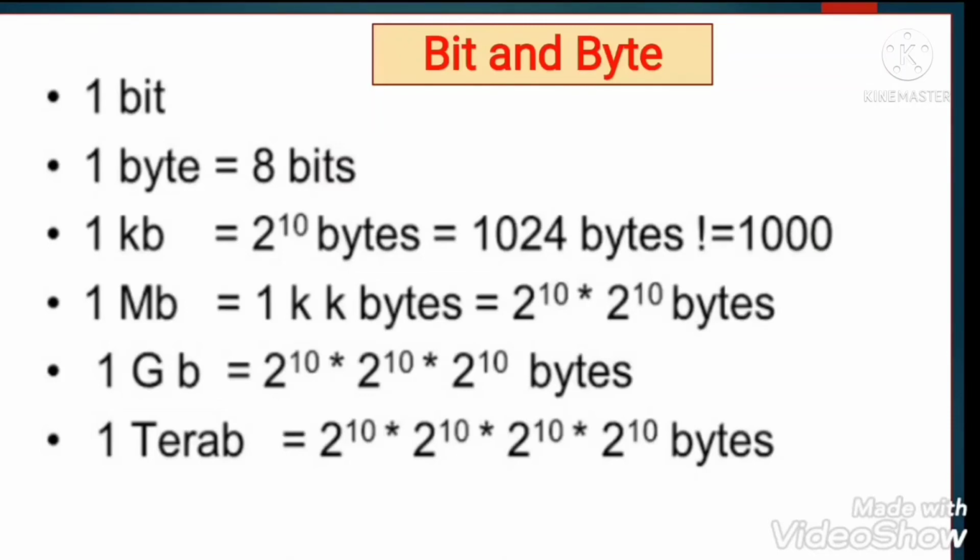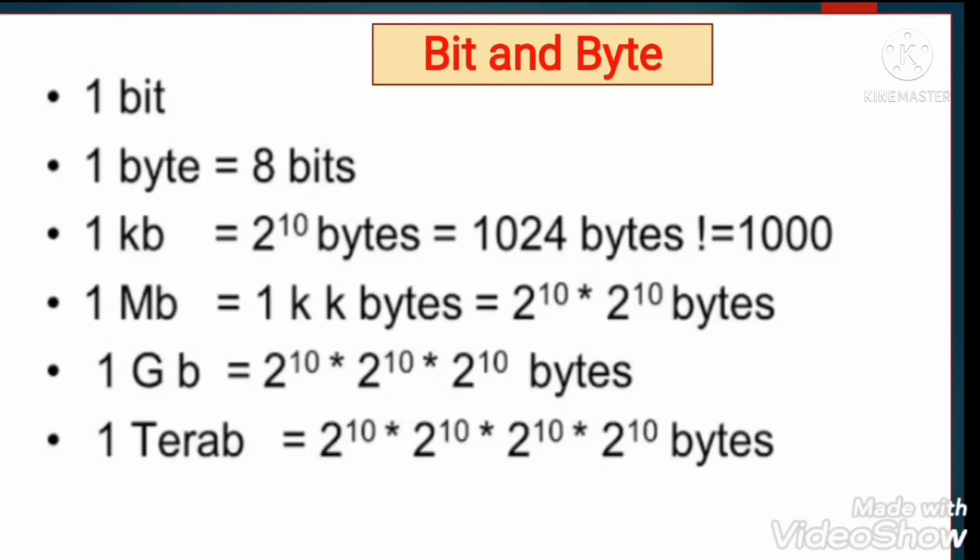Then 1 megabyte, how is it created? It will be, you can say, 2 to the power 10 multiplied by 2 to the power 10 bytes. That means 1 kilobyte multiplied by 1 kilobyte. Again 1 gigabyte, you can say, that is 2 to the power 10 multiplied by 2 to the power 10 multiplied by 2 to the power 10 bytes.